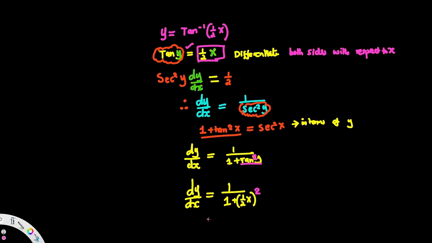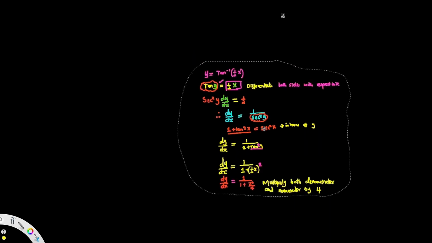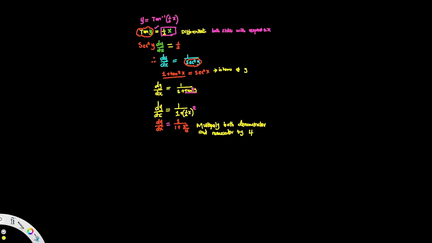So at this given point, we're going to have dy/dx equals 1 over 1 plus, that is now, x squared over 4. Now to remove this fraction at the denominator, because we have x squared over 4, we can multiply both sides by 4, both at the denominator and at the numerator, in order to get rid of that fraction.